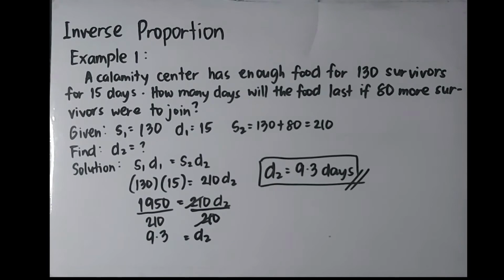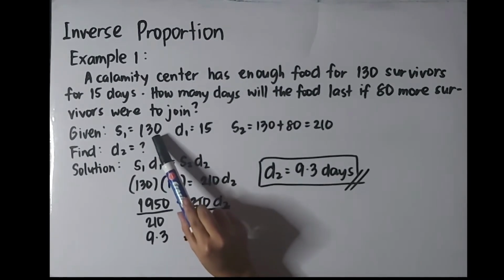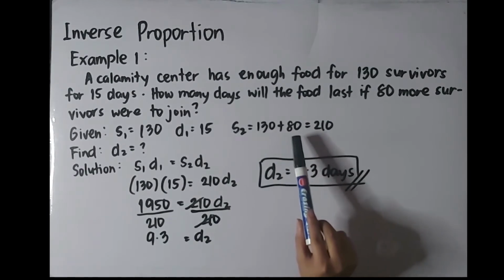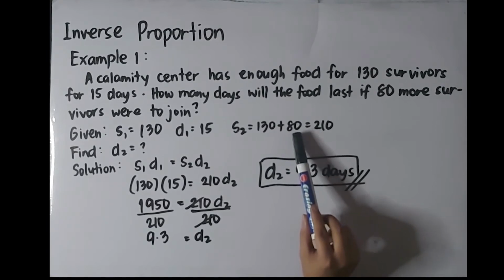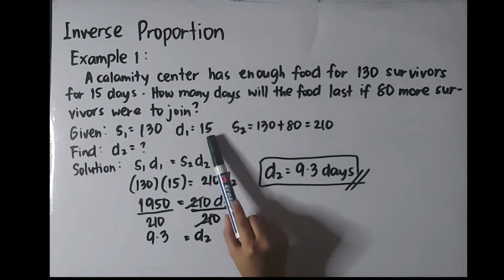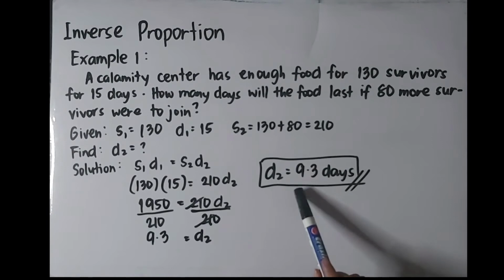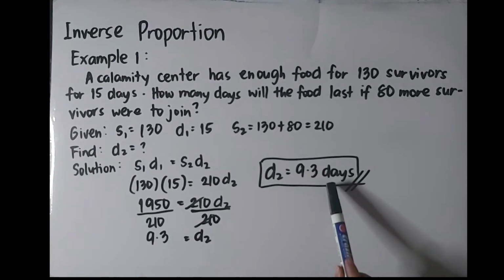So what did we observe with this problem? The number of survivors increased by 80 more. The D1 is 15 originally, but after there are additional survivors, the food just lasted for approximately 9 days.